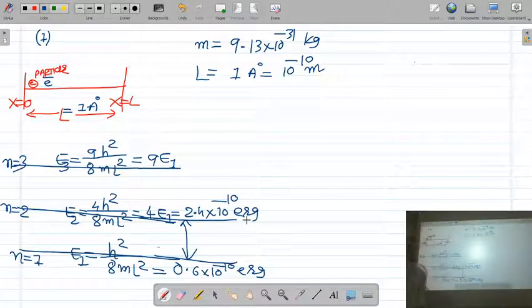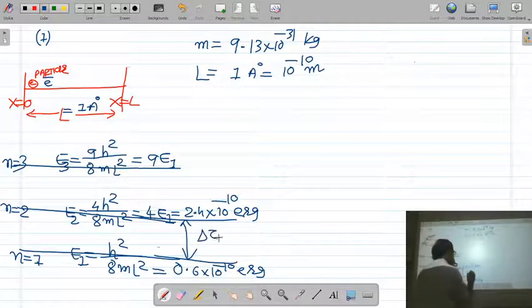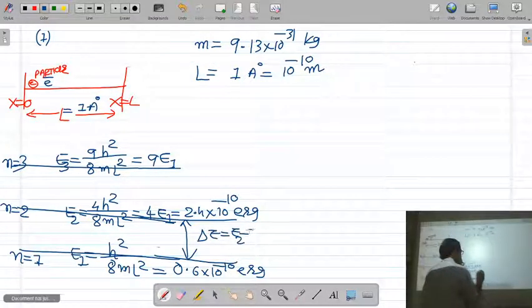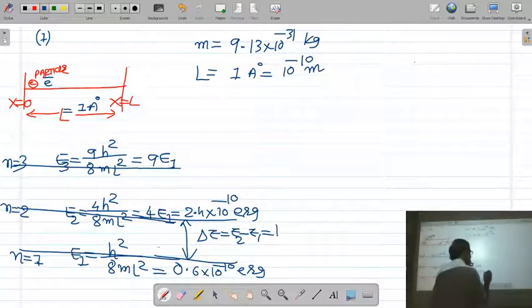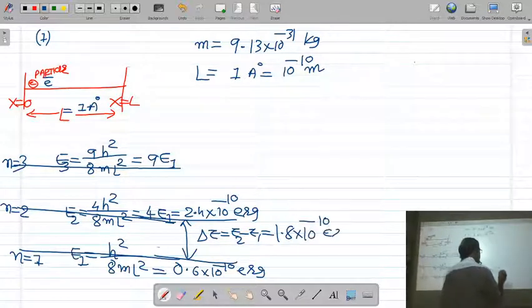I have done the calculation in the CGS system, so I have written the energy in terms of erg. And lastly, the energy difference between the two energy levels is E2 minus E1, that is 2.4 minus 0.6, which is 1.8 × 10 to the minus 10 erg.